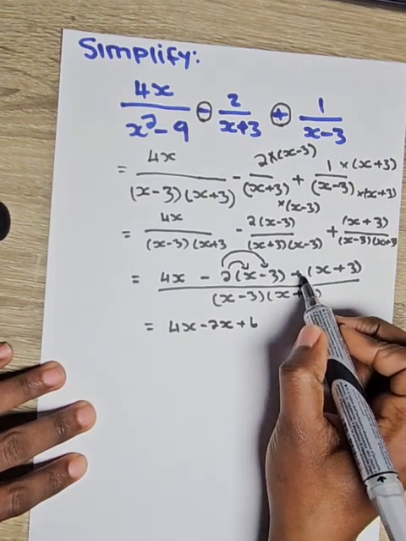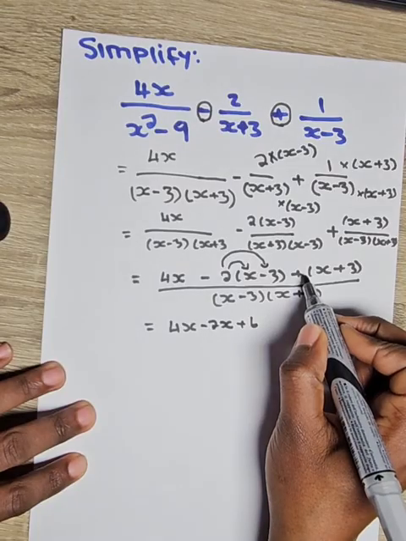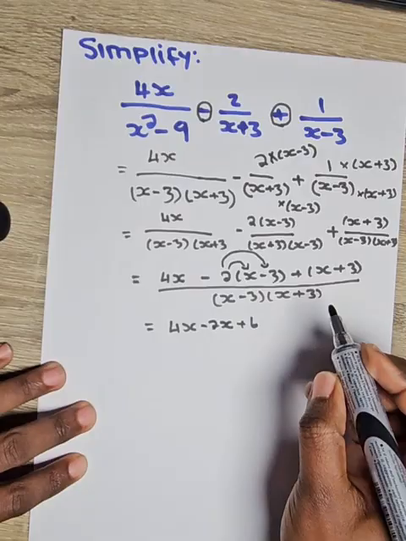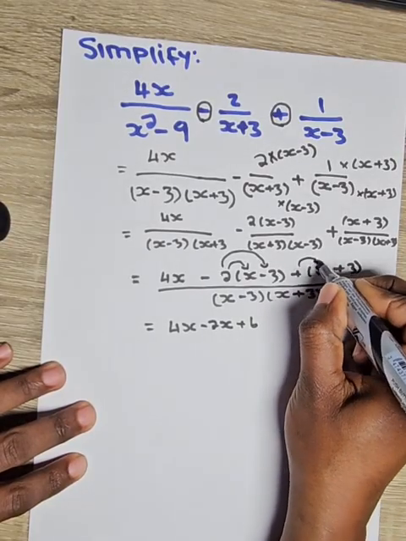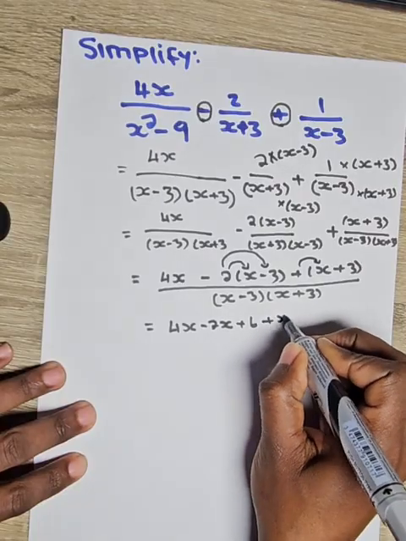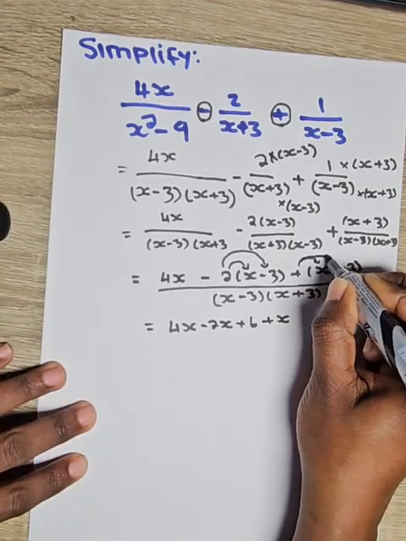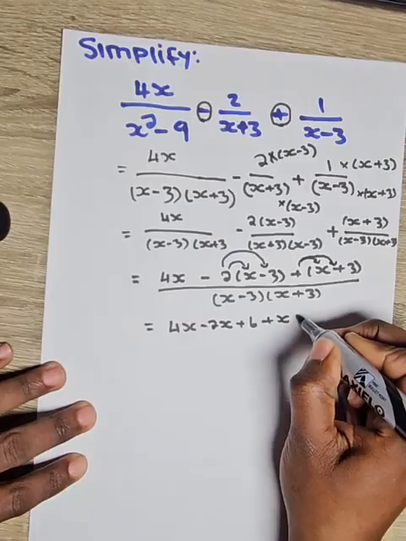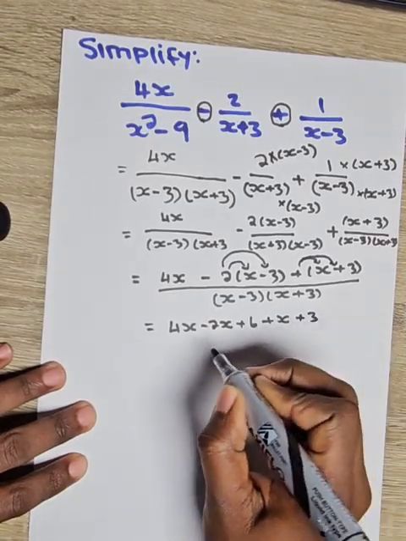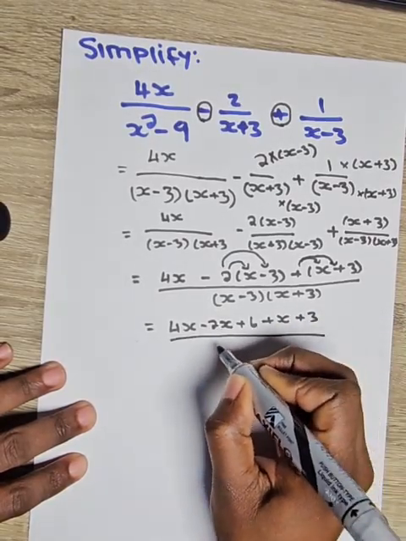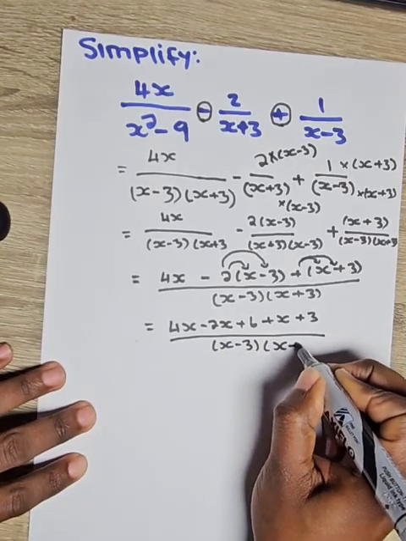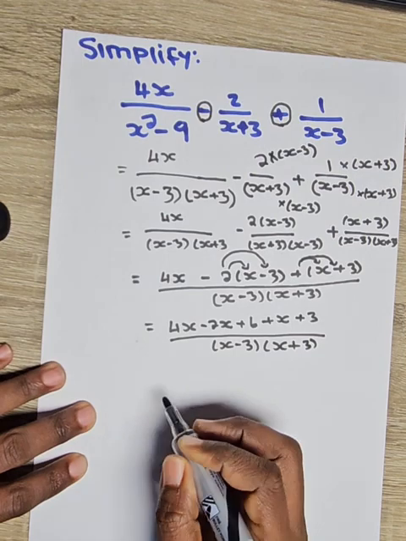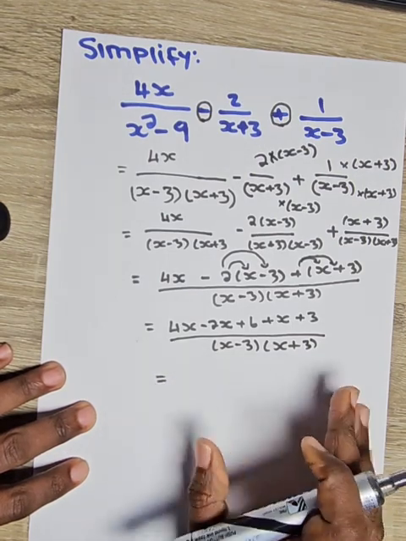Here plus goes to 1, which means we multiply each term inside the bracket by 1. Plus 1 times x gives plus x, and plus 1 times plus 3 gives plus 3, all over x minus 3 times x plus 3.